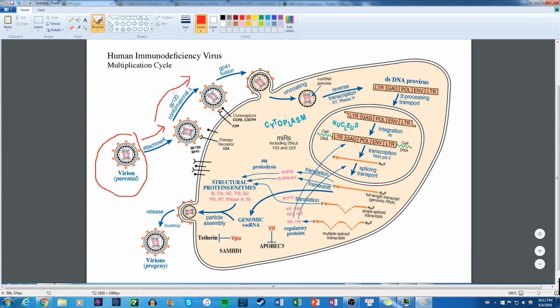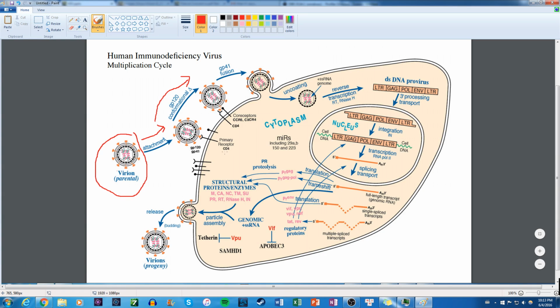That GP120 actually goes just like in RSV, it undergoes a slight change in shape to expose the transmembrane protein, which is smaller than the surface protein. You get fusion. Instead of LDL receptors, though, it uses the immunodeficiency retroviruses.